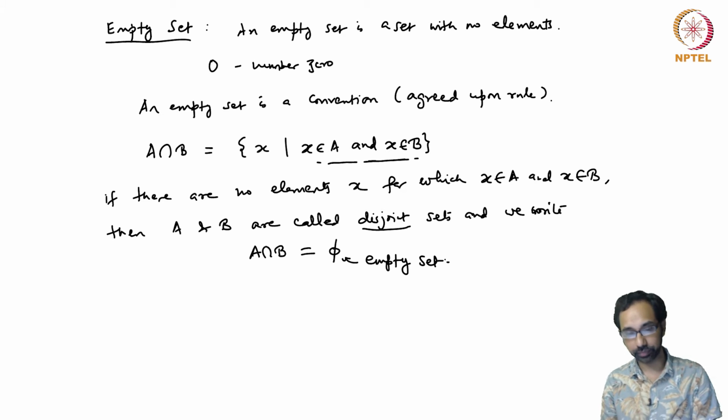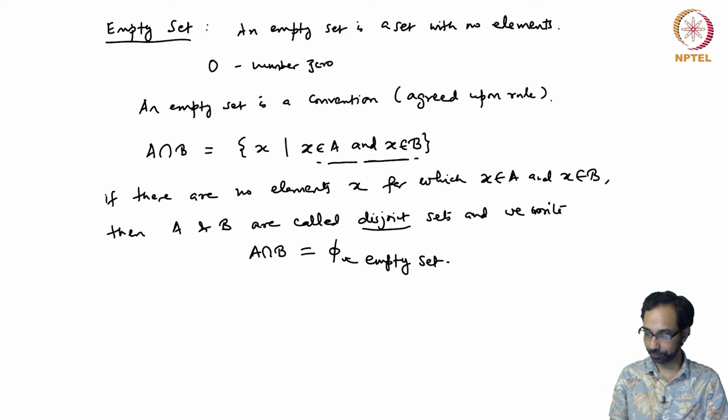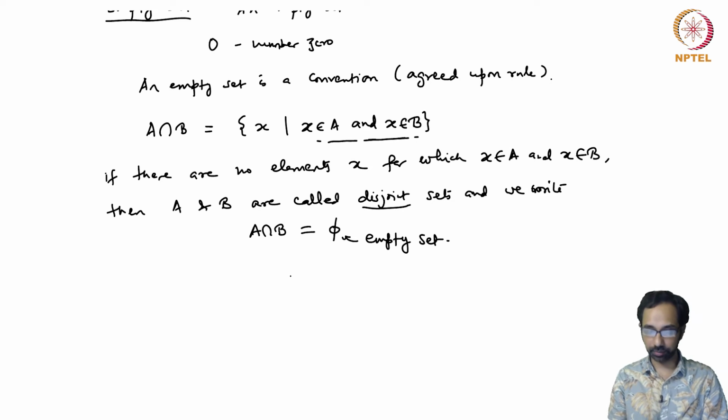Okay, so here we see that no element X satisfies the condition that X belongs to A and X belongs to B simultaneously, so it is the empty set.